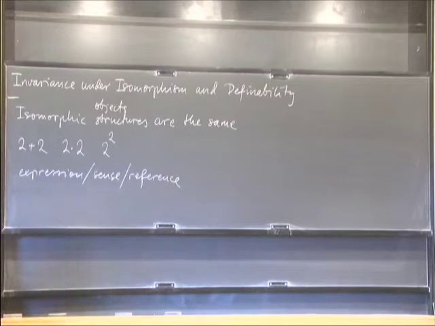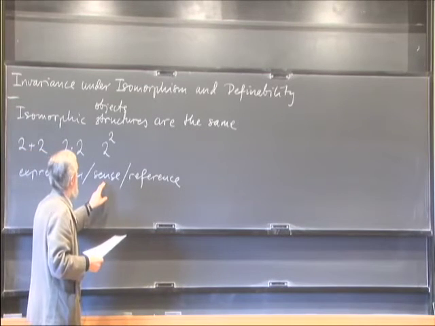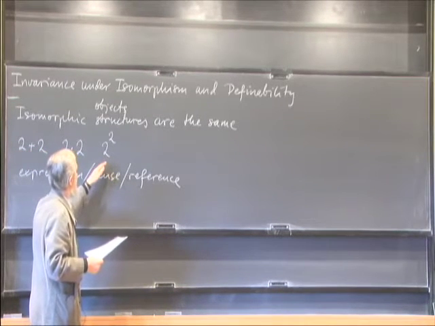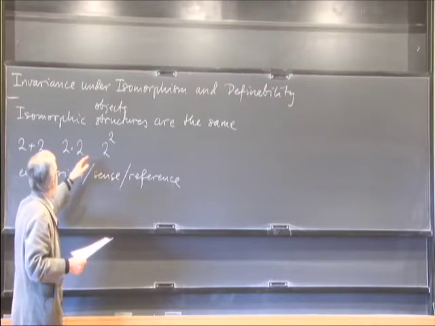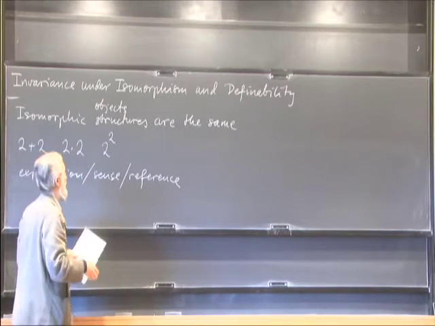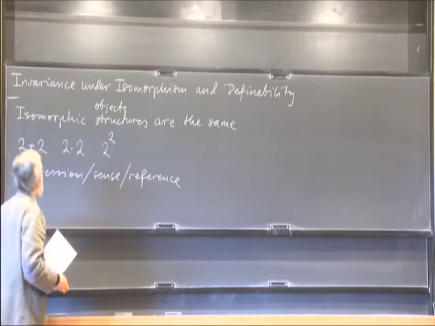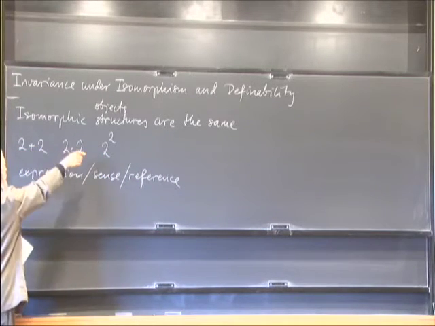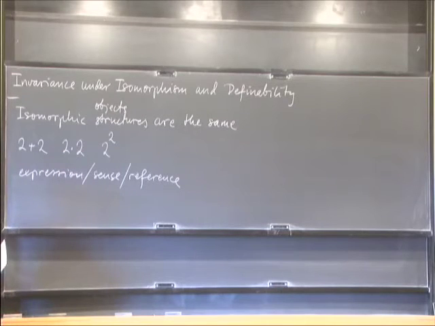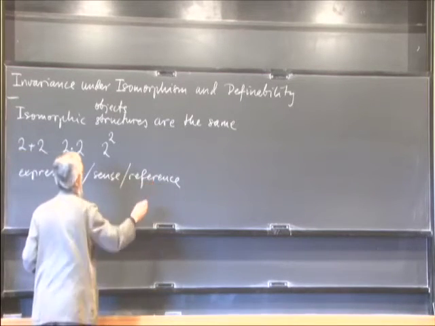And as I've already said, the expressions and the senses are different. So it's natural that saying the objects are the same amounts to nothing else but saying that these meaningful expressions are co-referential, have the same reference.